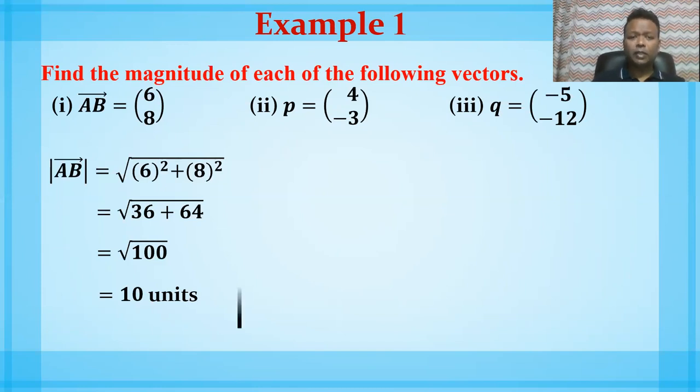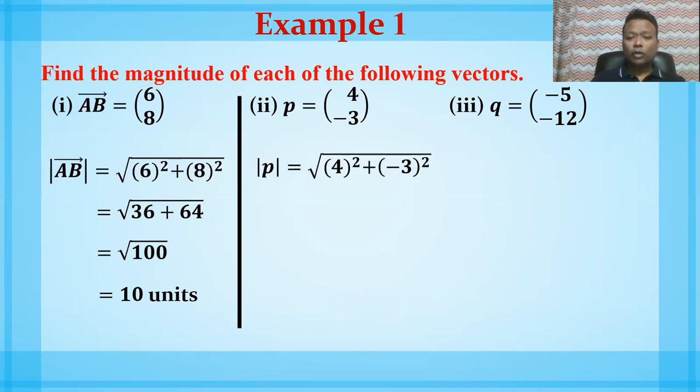In the second part, the magnitude of the vector p is equal to the square root of 4 squared plus negative 3 squared. Now remember, when two negative numbers are multiplied, we obtain a positive number. So negative 3 squared, which means negative 3 times negative 3, is equal to positive 9. So we have the square root of 16 plus 9, which is the square root of 25.